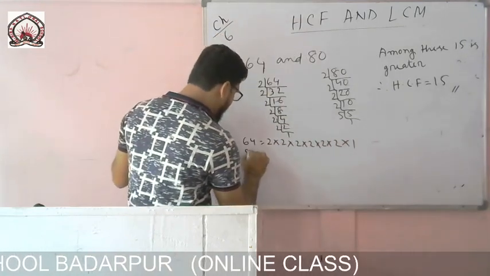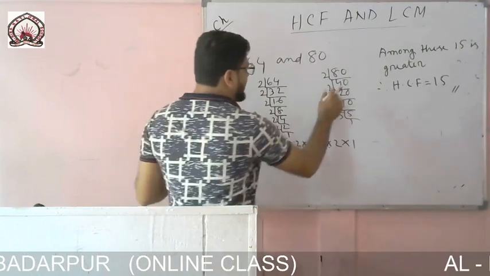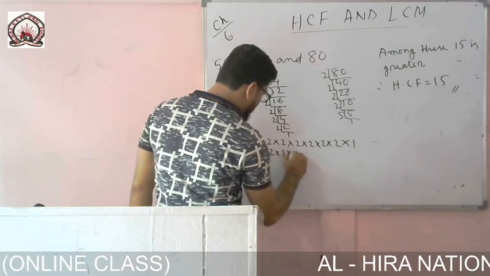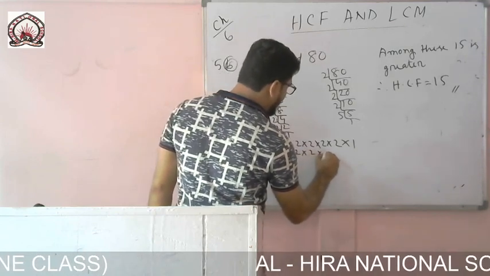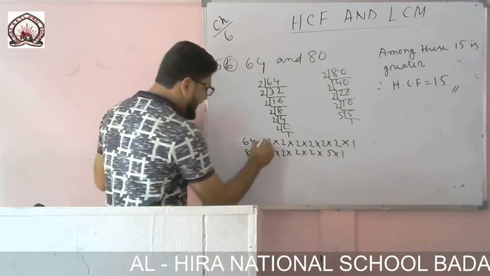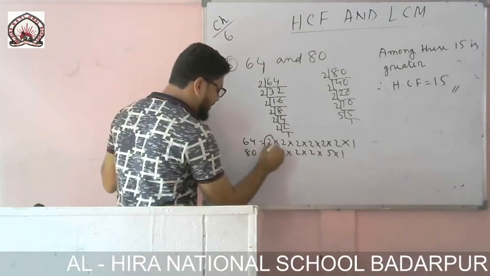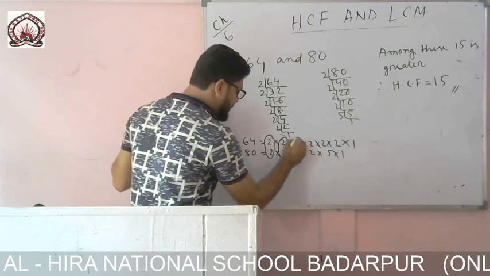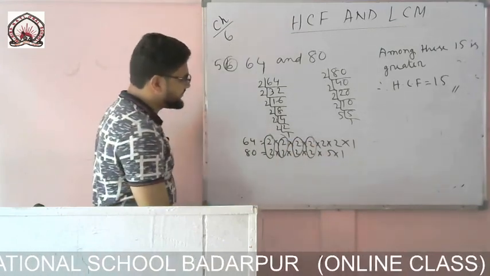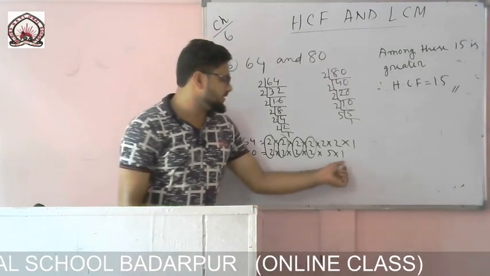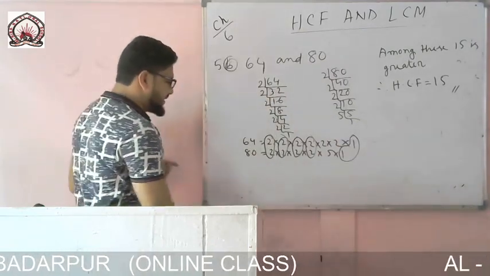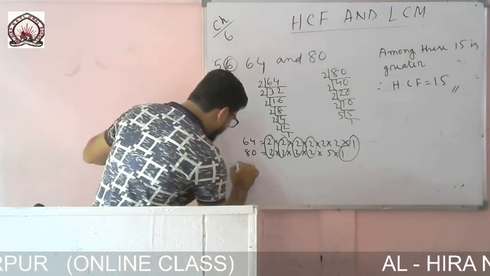And 80 equals 2 into 2 into 2 into 2 into 5 into 1. So you see from there, this is common, that is common, and 1 is common. Right. Now grouping.